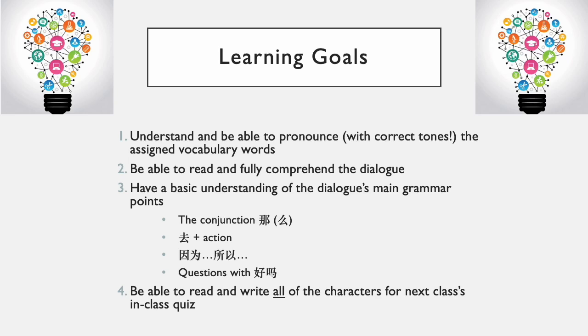If you watch this video and do what it instructs you to do, you will be able to accomplish the following learning goals. Number 1, you'll be able to understand and pronounce, using the correct tones of course, all of the vocab words from Lesson 4, Dialogue 1. Number 2, you'll be able to read and fully comprehend the dialogue on your own. Number 3, you'll have a basic understanding of the dialogue's main grammar points, and there are quite a few that we're going to focus on here in this pre-class video.